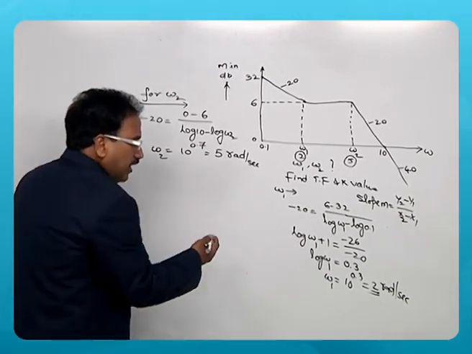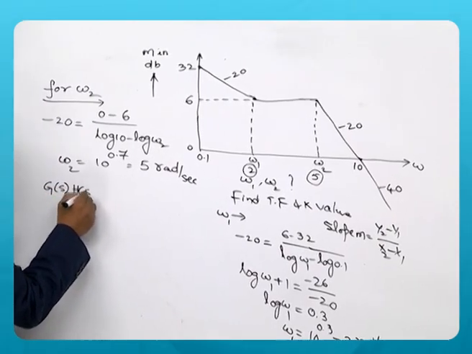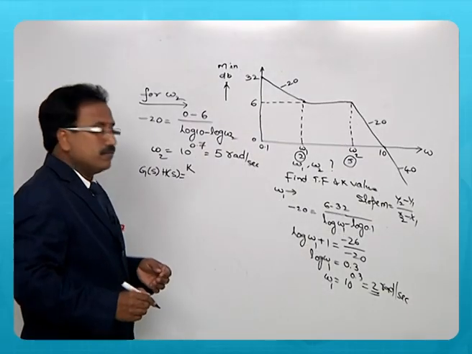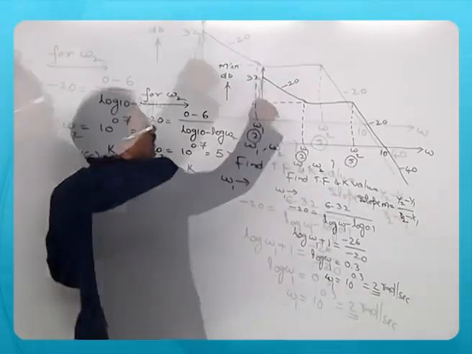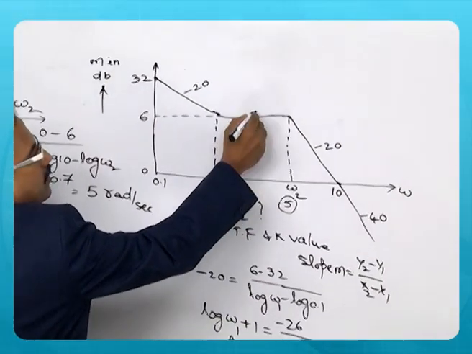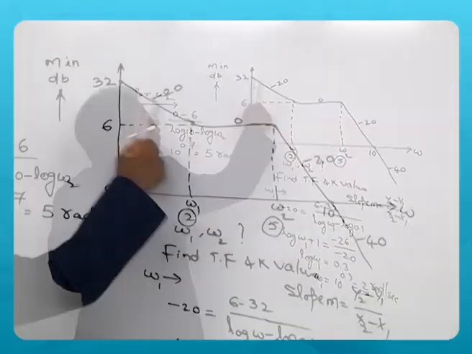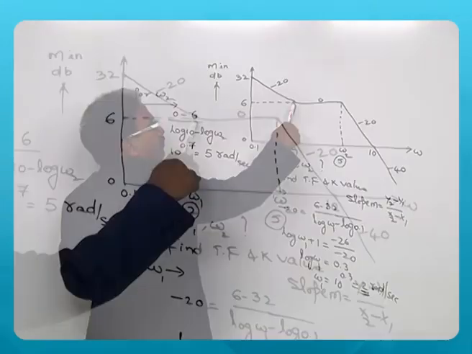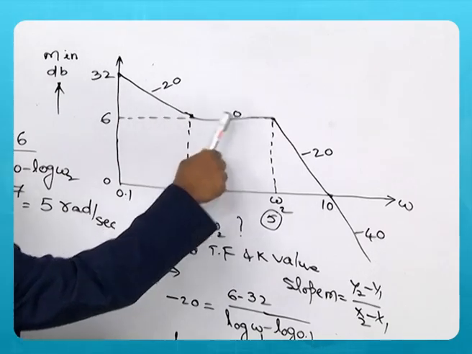So you can write now the loop transfer function G of s into H of s. It involves k. And you can see now the minus 20 has become 0 here. This is a 0 slope. That means the initial slope of minus 20 is due to a pole, but from this corner frequency omega 1, the slope has become 0 from minus 20.